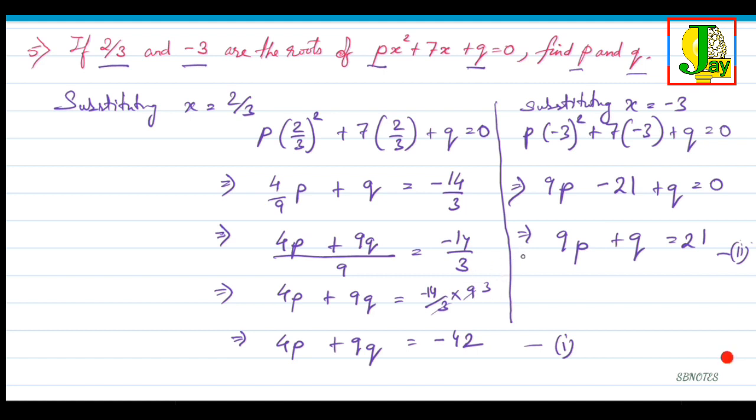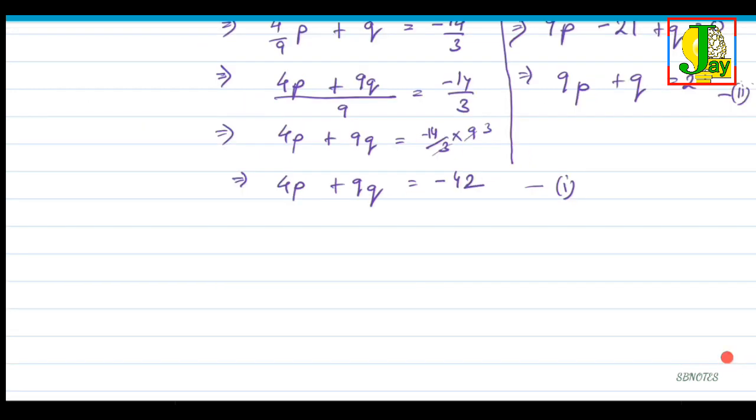We are going to use the elimination method, if you remember. So how do we do that? We equate one of the terms. The first one we are going to keep like that, 4p plus 9q equals minus 42.